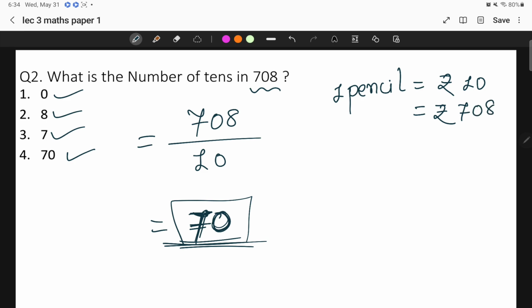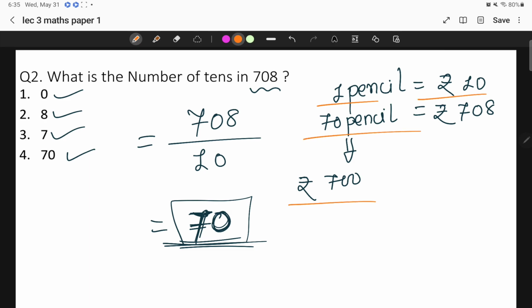So minimum how many pencils can you buy? One pencil is for 10 rupees, so 70 pencils will be of 700 rupees. Am I right? You can buy one pencil for 10 rupees, and 70 pencils for 700 rupees.